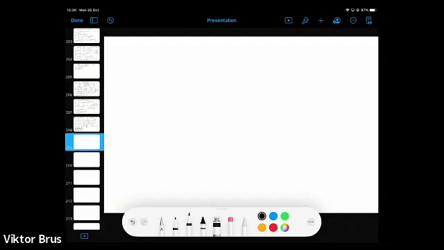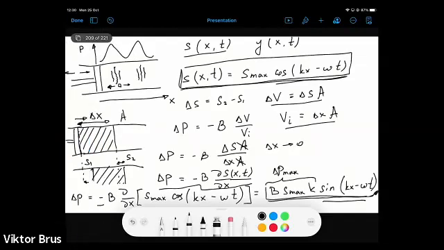Okay, there is a question how we came to this point when we take the partial derivative. So if we come back here, there is a relationship between change in volume and change in pressure.